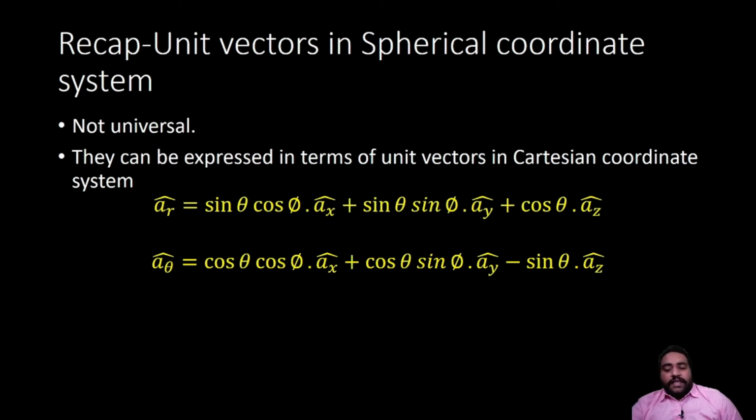Now, a phi cap, which is similar to the unit vector in cylindrical coordinate system, would be minus sin phi ax cap plus cos phi ay cap. So these are the terms which we should be consistent with while discussing vector transform.